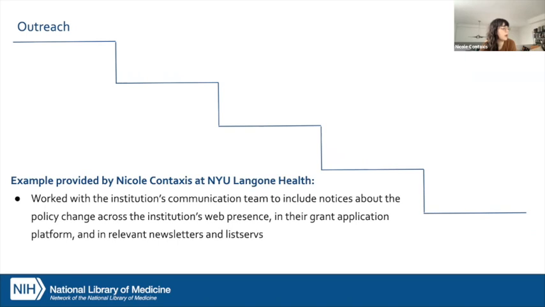An example of some of the work we've done at NYU Langone Health is we worked with the institution's communications team to include notices about the policy change across the institution's web presence on the grant application platform, as well as in relevant newsletters and listservs at different departments across the institution.